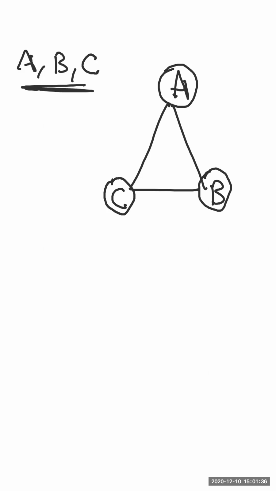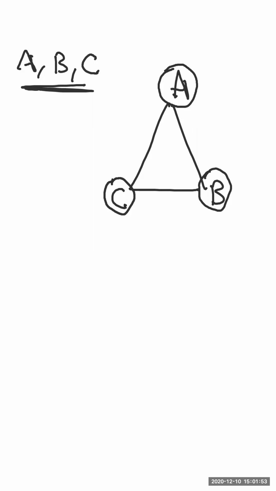And then we will prove that the sum of the smaller 2 sides is greater than the third. So in this case, it will be a triangle.